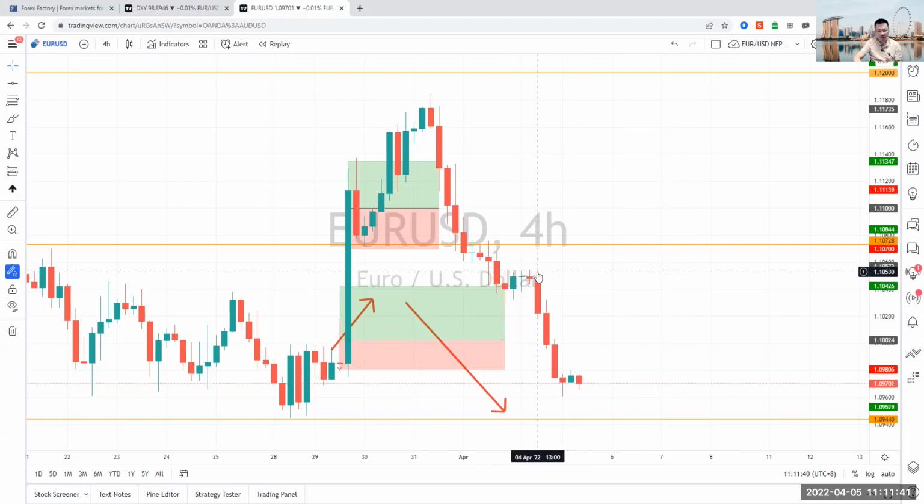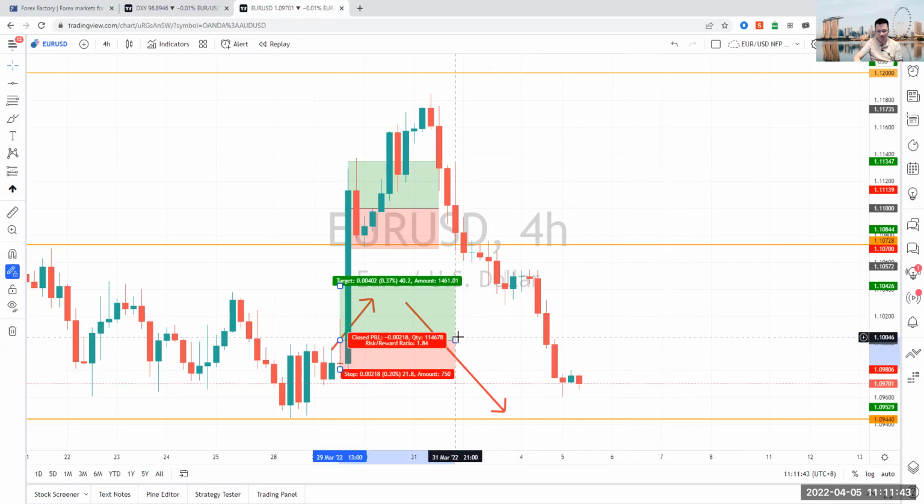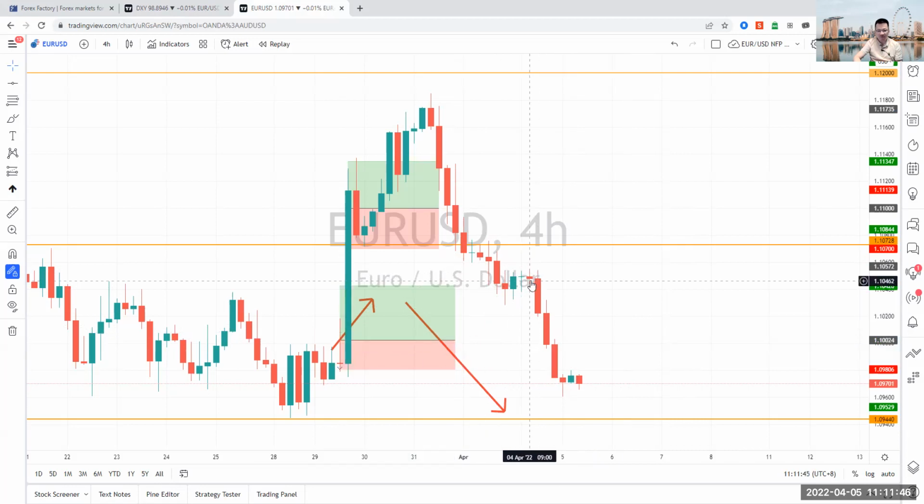So remember again, trade signals are sent on the H1 time frame. We were looking for it to break out of this consolidation on the H1 time frame, giving a bit of a heads up.